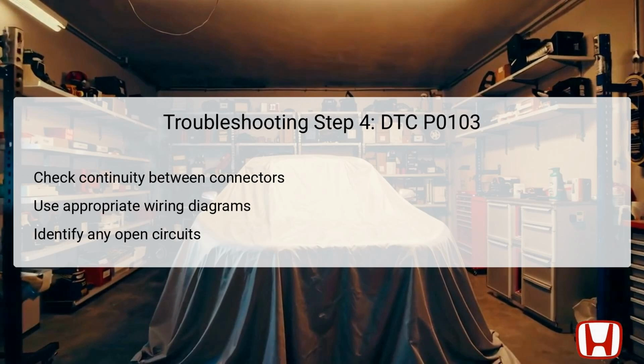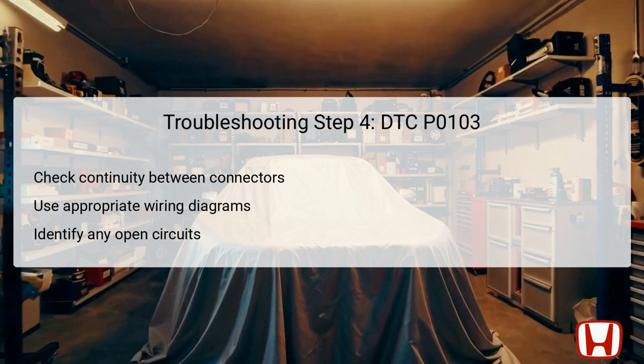In step 4, you will check for continuity between the MAF IAT sensor connector terminal number 4 and the corresponding terminal B32 in the ECM PCM connector B44P. Using a multimeter, verify that there is a proper path for electrical current between these 2 points.